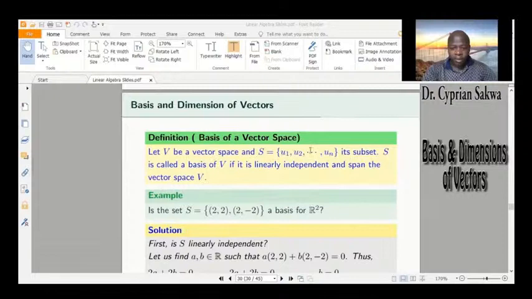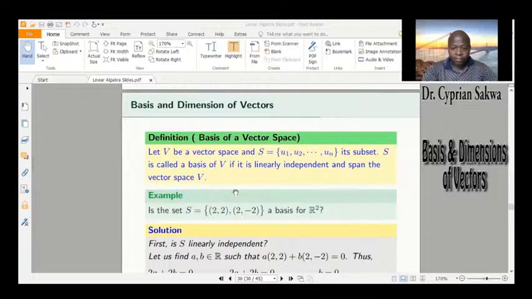We say that S is a basis of V if S is linearly independent and if S spans V. So if S meets these two conditions, that the vectors in S are linearly independent and that S spans V, then S will be said to be a basis of V.